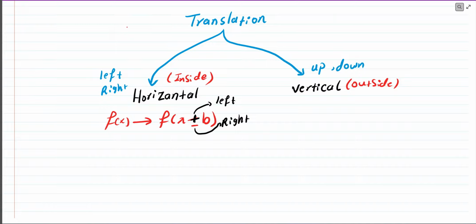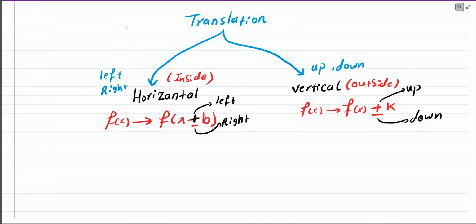What will happen? Vertical is outside, meaning f of x. We will add or subtract something from this function, let's say k, or any other letter, different than b. But with the same idea: when it's positive, it goes up. When it's negative, it goes down.